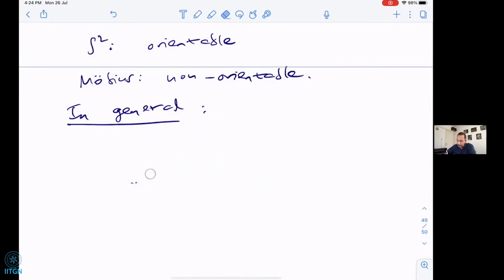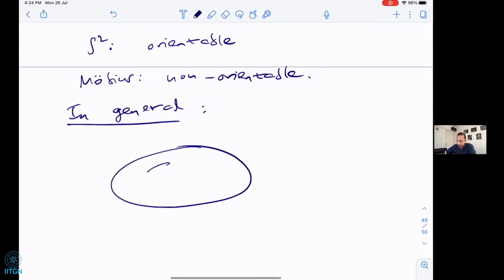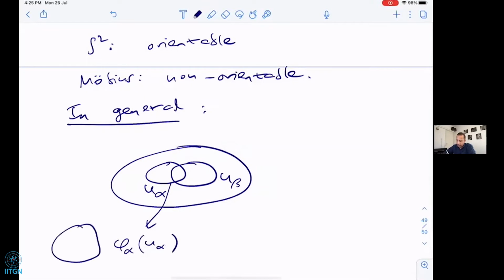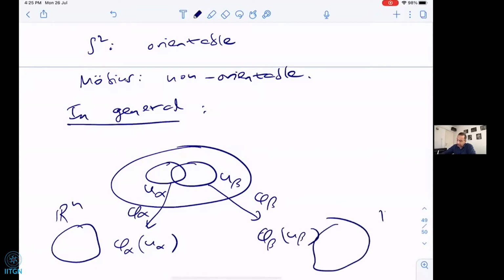I did this last time actually, so I'm just repeating. Let's have one chart with open set U alpha and an overlapping one with an open set U beta. So U alpha of course goes to phi alpha of U alpha, which is a set in Rn, and U beta goes to phi beta. Phi beta is a different map, so it goes to phi beta of U beta, which is also in Rn.